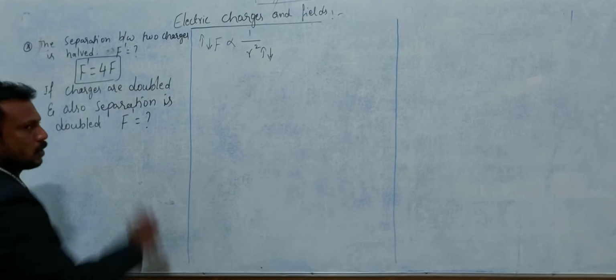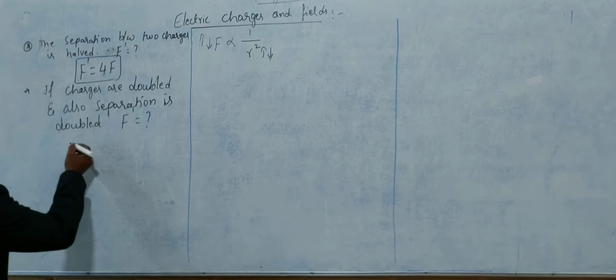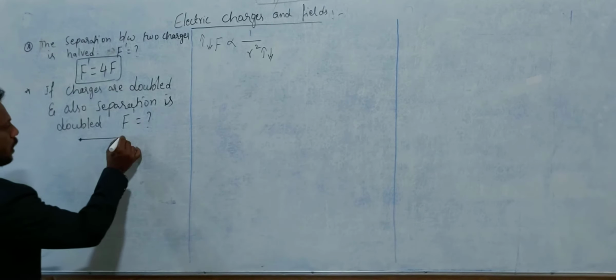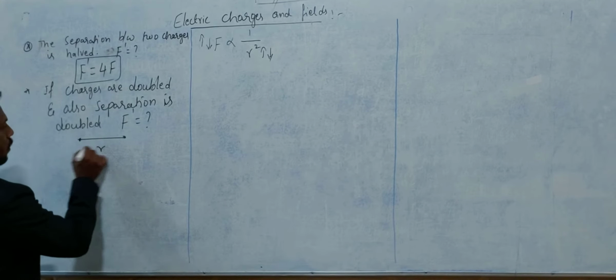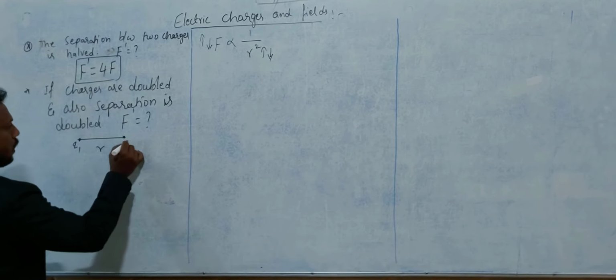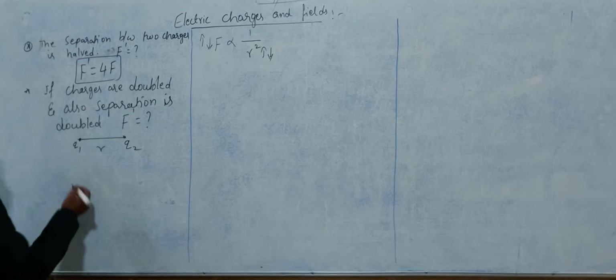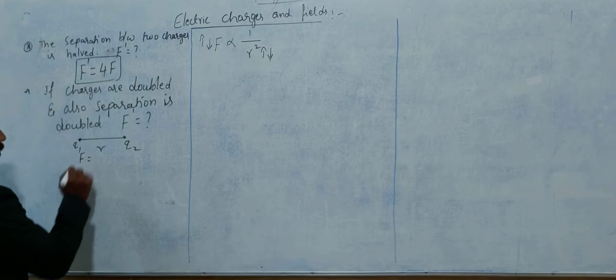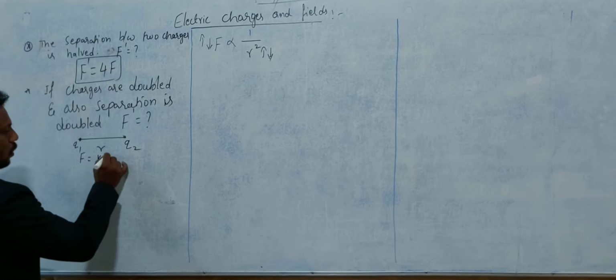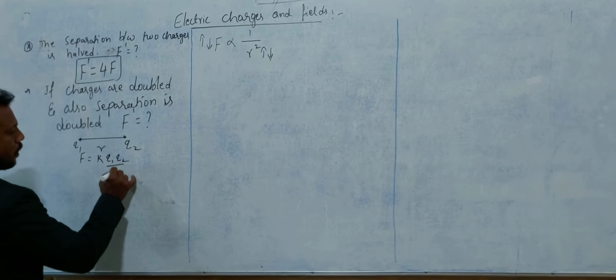F dash is equal to question mark. How to calculate? We know that if the charged particles q1 and q2 are separated by a distance r, the electrostatic force F is equal to k times q1 q2 divided by r square.